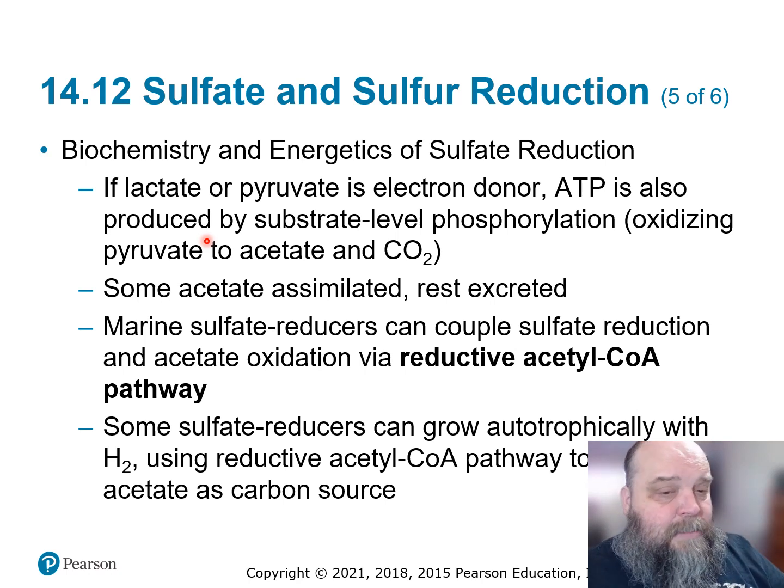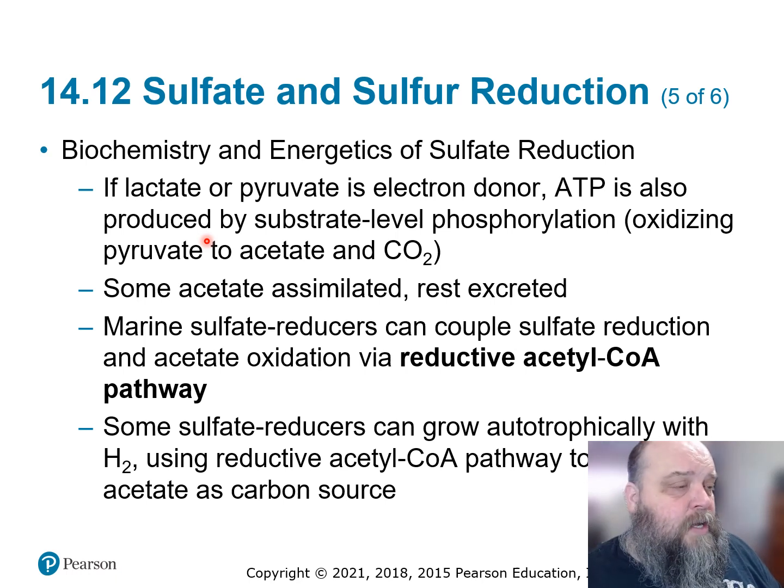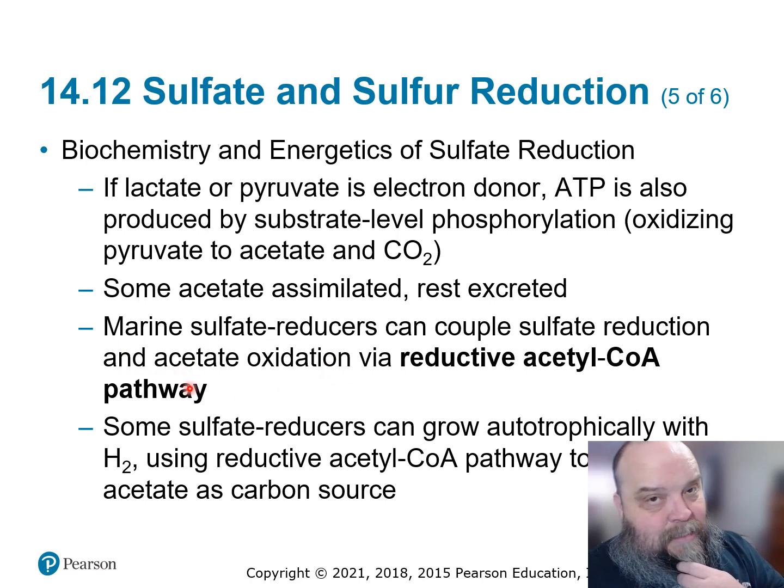As we saw in the last section, that means they're going to be the ones giving up the electrons that are then utilized for the reduction of sulfur. You see that marine sulfate reducers are also going to utilize some acetate oxidation. Remember, acetate is a 2-carbon thing.